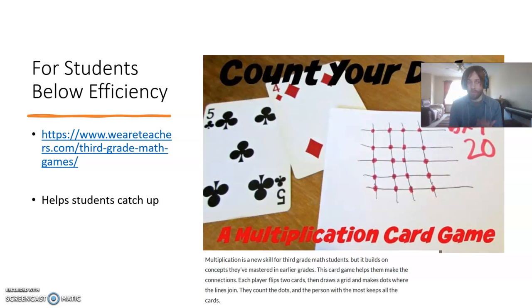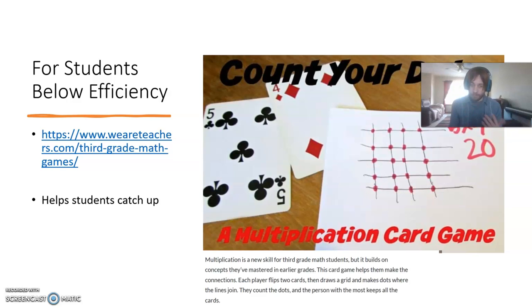And for students that are below proficiency, this game via realteachers.com goes back to third grade and it can help reteach something that they may not have got in a prior grade.